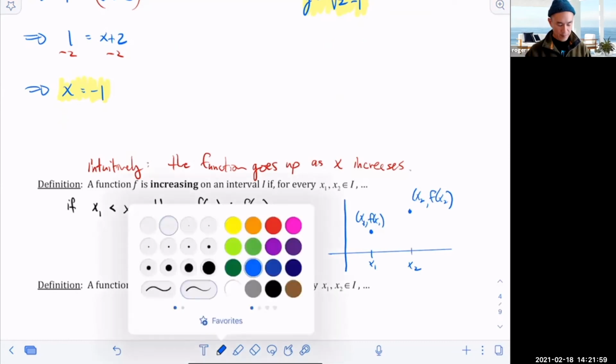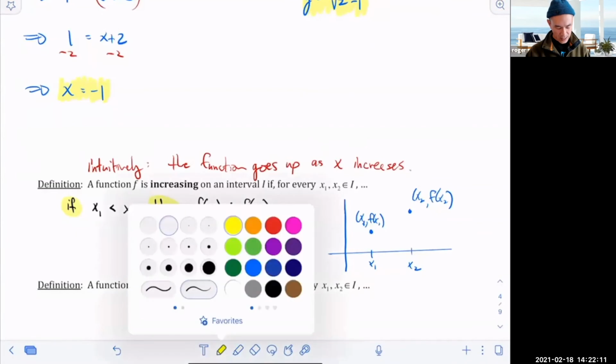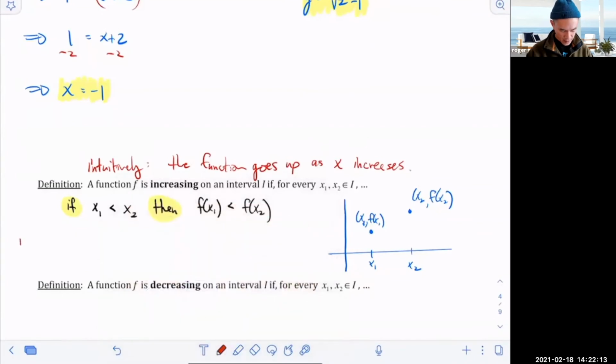And this whole if-then situation right here, this is called an implication. We write it like this. We say, if x1 is less than x2, the then part, you put a little arrow to mean it implies that f of x1 is less than f of x2.